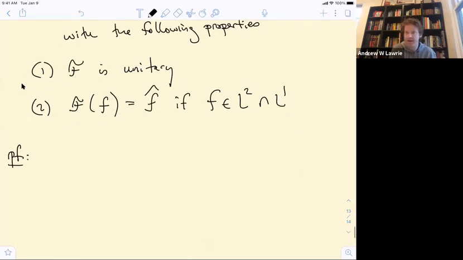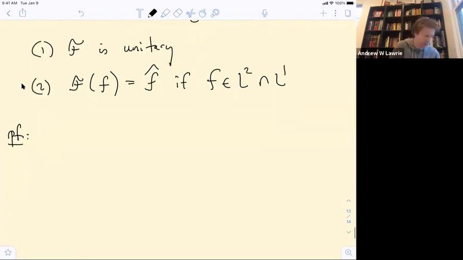Take an L2 function, take a sequence of Schwartz functions approximating that L2 function, and apply the Fourier transform to that sequence. What you want is for that process to converge in L2, and then you define the limiting object as the Fourier transform of the L2 function.